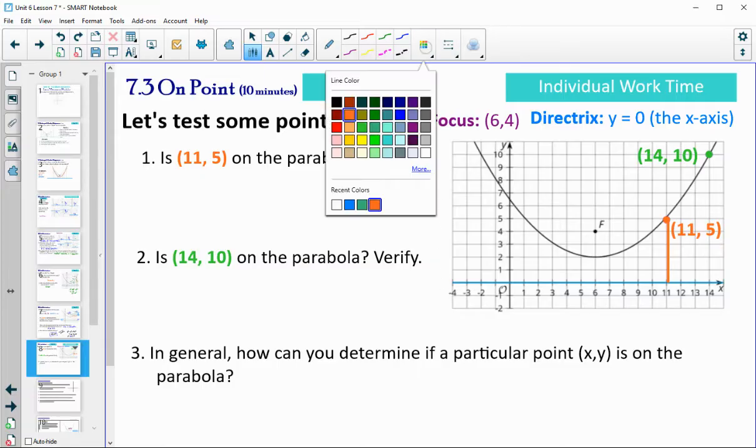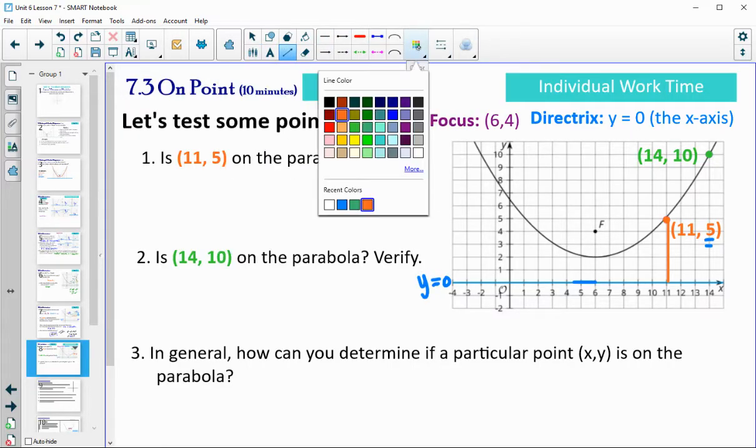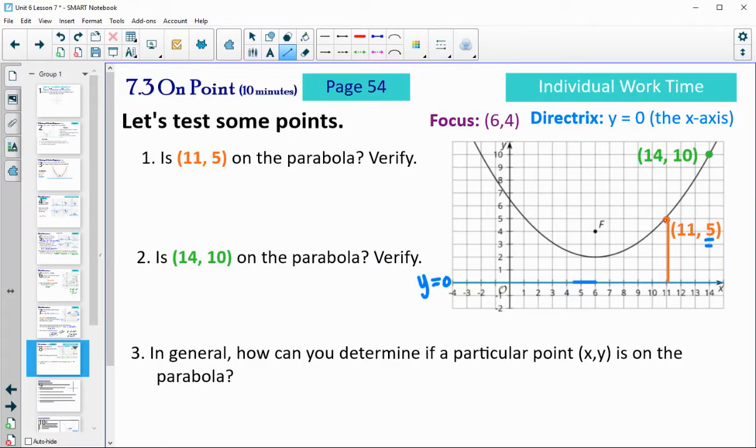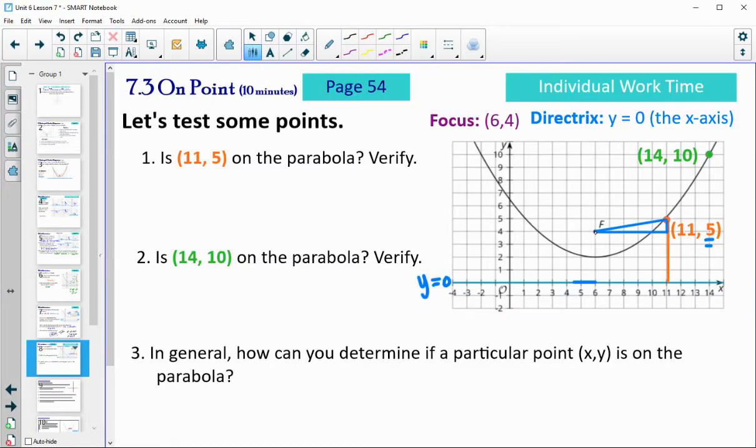So this directrix here is at y equals 0, the x-axis. So this point is 5 units from the x-axis. Then you want to do your Pythagorean theorem to calculate the actual distance here. So connect and get your right triangle so that you can do your Pythagorean theorem.